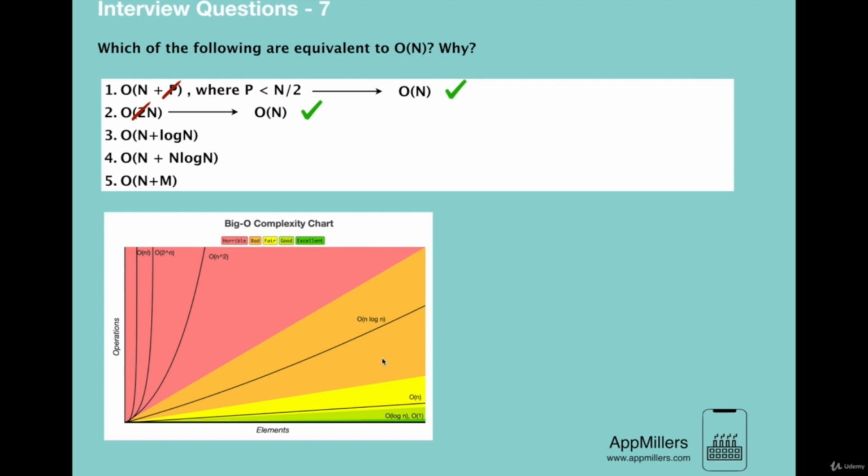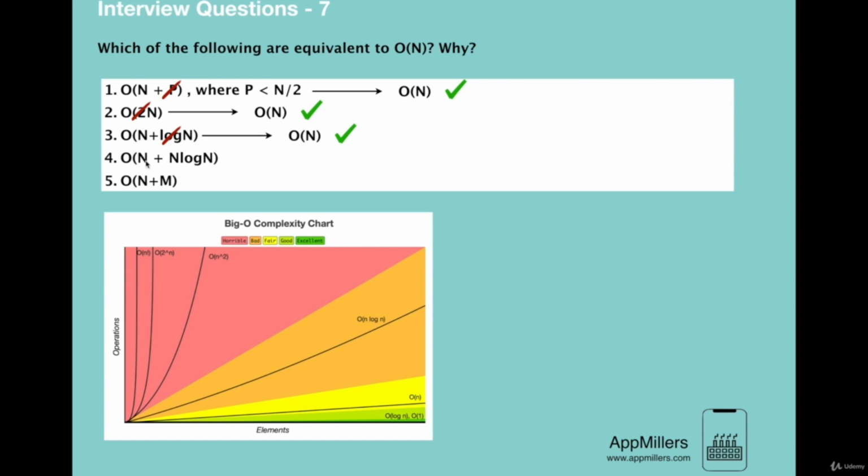So if you look at the graph, we see that O(n) is over here and O(log n) is over here, which means that O(n) is the dominant term here. So according to our rules, we can drop the non-dominant term. So if we drop log n from here, this becomes O(n), which is the answer that we are looking for.